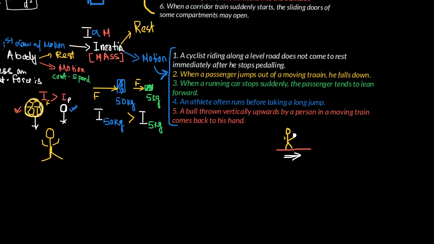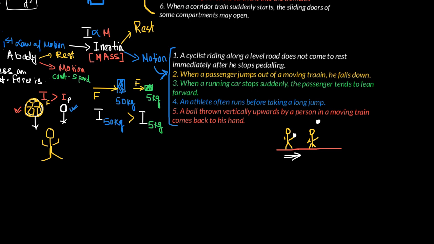Now when he just throws the ball upward, like if I say he has thrown the ball upward out here, the ball is still in motion, because there is no other force that has acted on the ball.